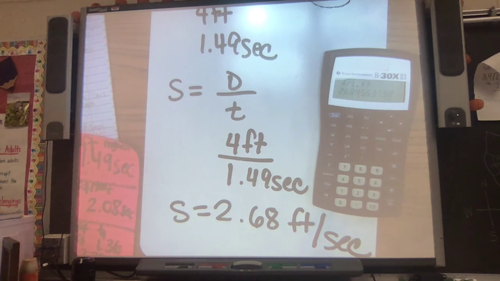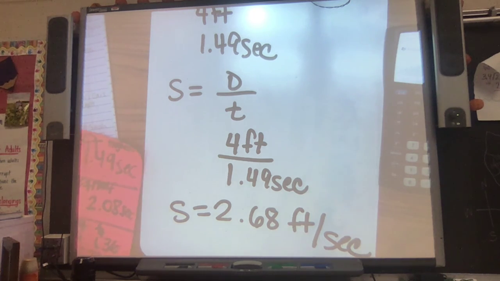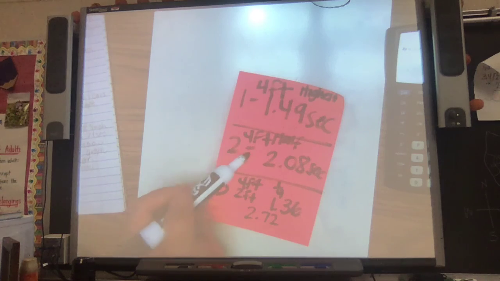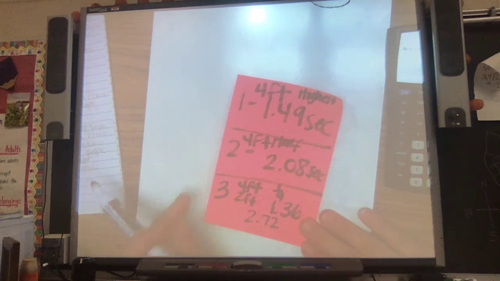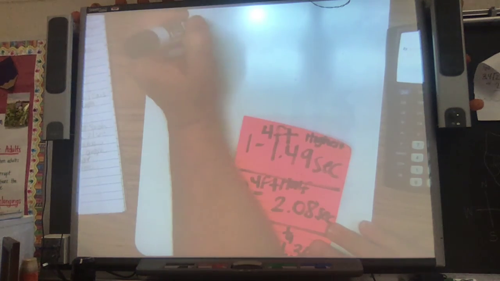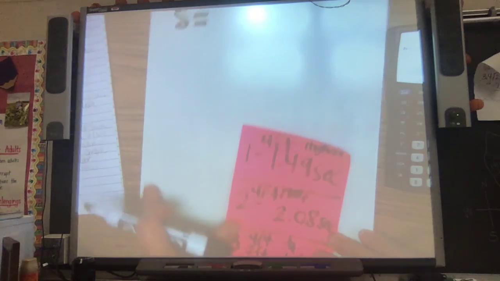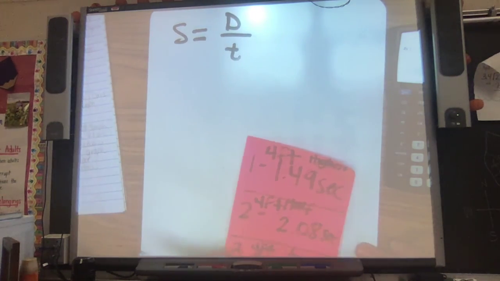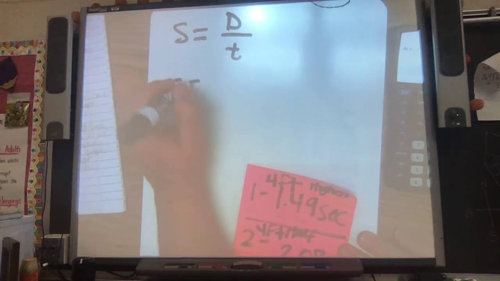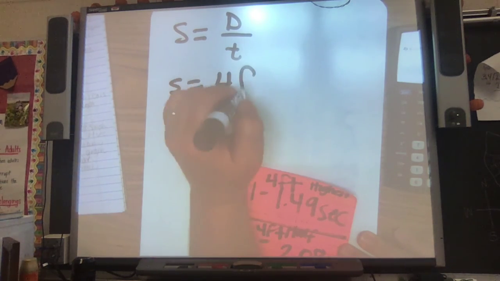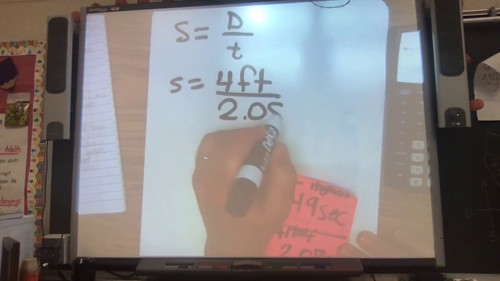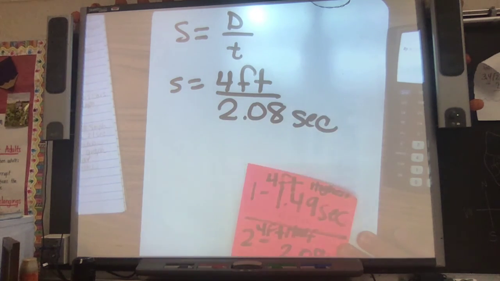Now our second one, we're gonna calculate. That one went 4 feet in 2.08 seconds. So let's keep our formula up here. So speed equals 4 feet divided by 2.08 seconds.